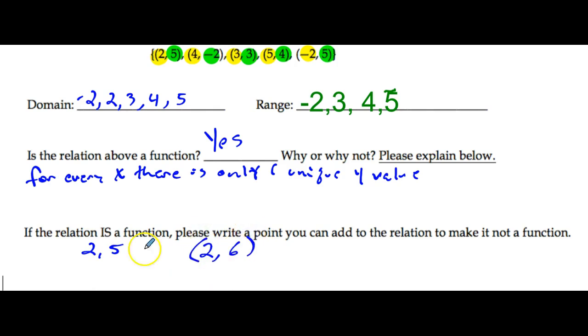If you add that, it's not a function anymore because we have the same input of 2, but we're getting 2 different outputs. All right, that's it for number 4.